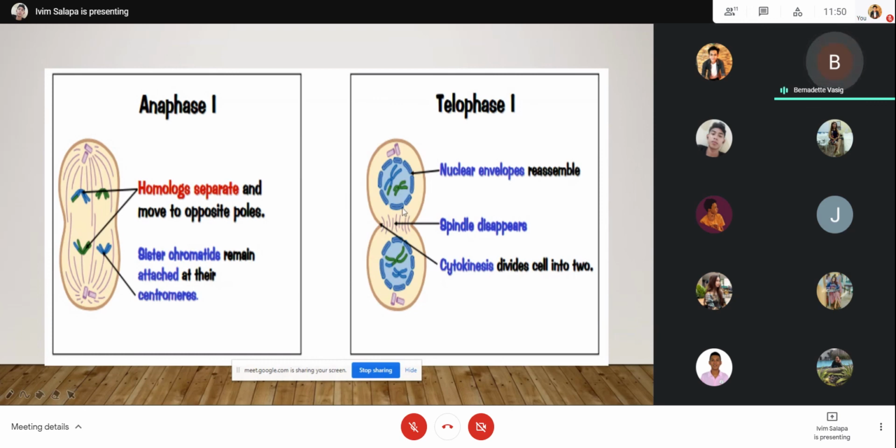Another difference between the two? Another difference is in telophase, it will undergo another division, ma'am, while in mitosis it is the end of the process, ma'am.